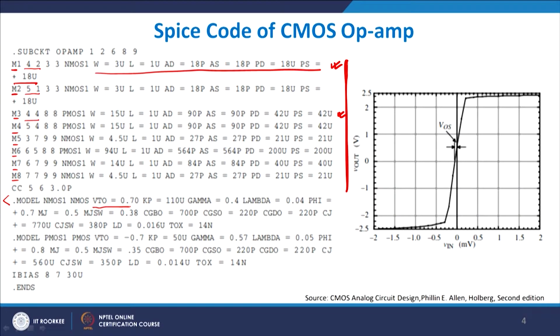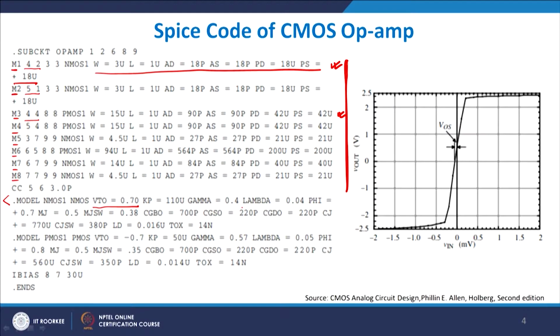For example, VT0 is basically the threshold voltage of NMOS, which is taken to be equal to 0.7 volt, right. We are also assuming that this is not an ideal current source, but a non-ideal current source with lambda equal to 0.04. So, this means that the CLM parameter is basically 0.04, and therefore, when you plot a graph, it will not be exactly a straight line across the y axis.